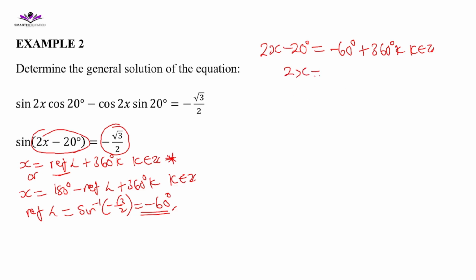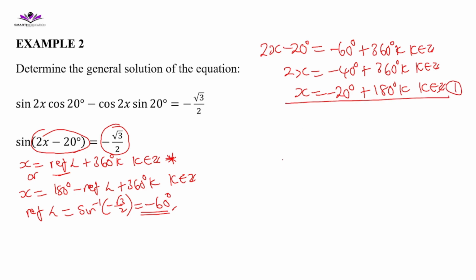Then 2x is equal to negative 40 degrees plus 360 degrees times k, where k is an integer. Then we can divide everything by 2. x is equal to negative 20 degrees plus 180 degrees times k, where k is an integer. That's the first one if you're using the formula method.